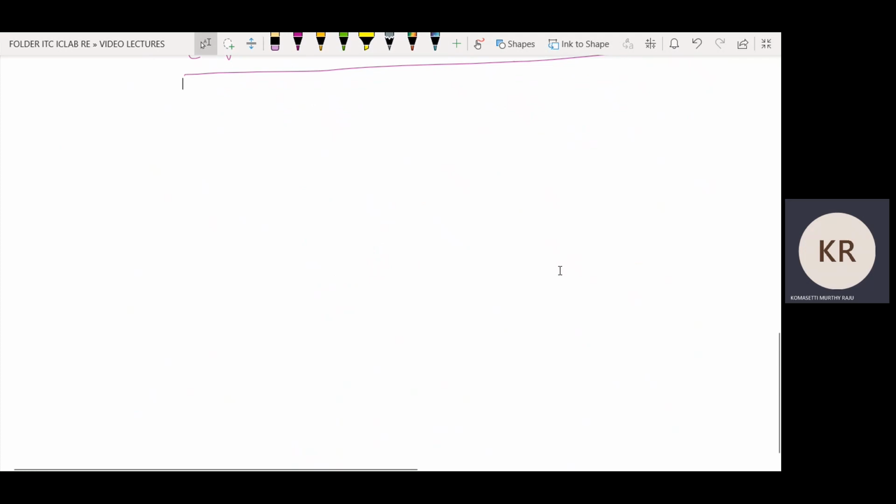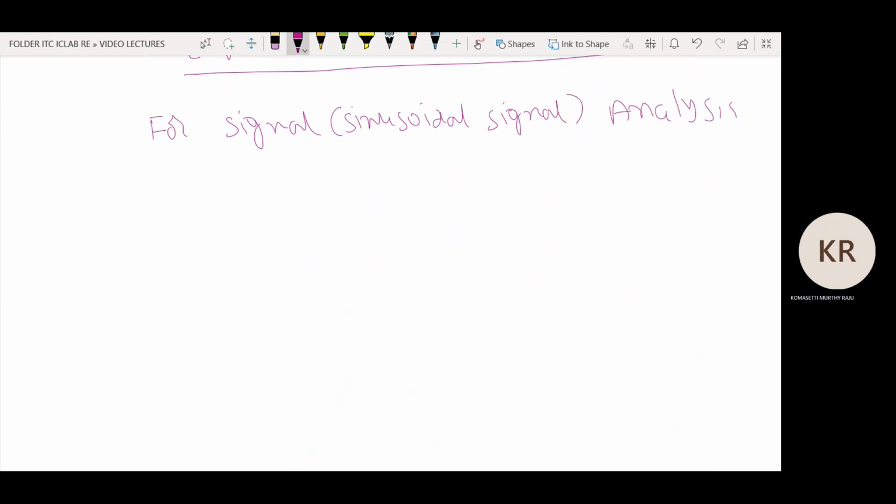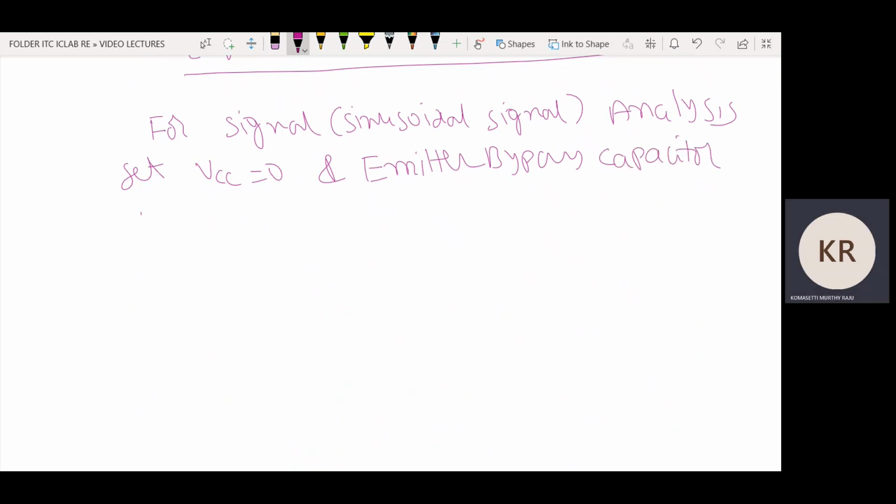In the equivalent circuit diagram, for signal analysis, for a sinusoidal signal analysis, set VCC equal to 0 and the emitter bypass capacitor value equal to 0. That means CE is equal to 0.